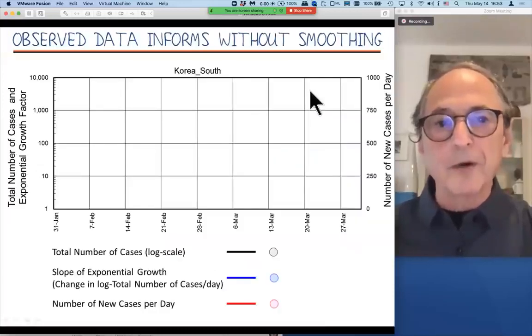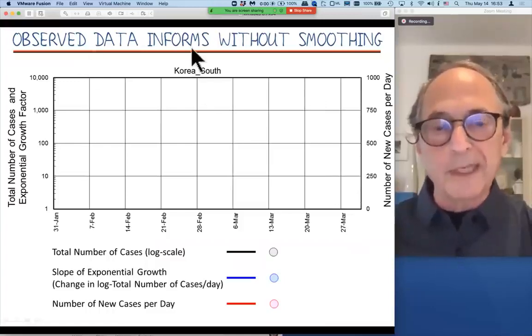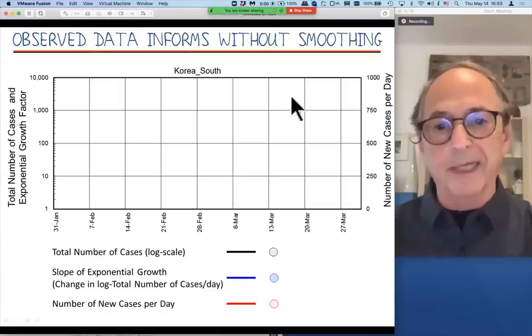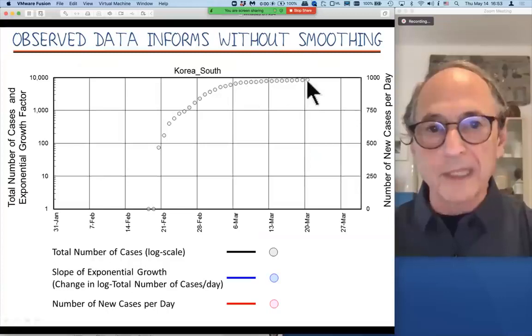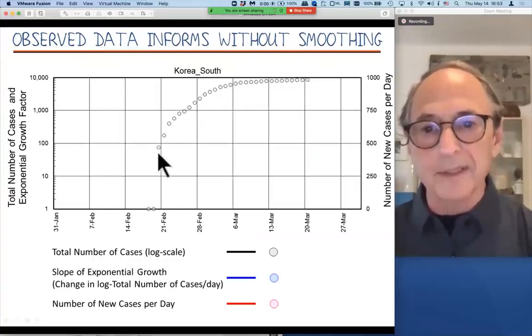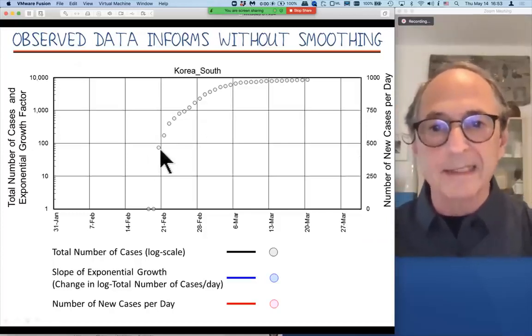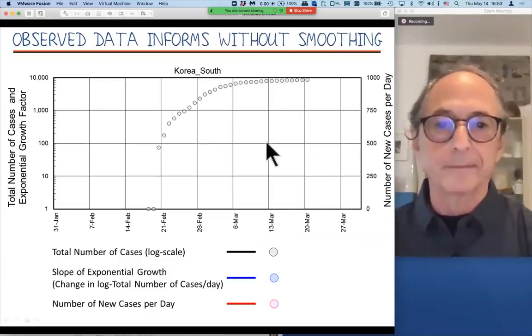Oops, sorry, I just showed the fit, but it's not important. Now we're coming to South Korea, looking at the data, no smoothing, the raw data coming out of the Johns Hopkins database. We're first going to look at just the number of new cases. It goes like this, you can see it's curving. It started out quite high because in South Korea, no one recorded anything until there were about 60 cases. Again, this often happens. Now, what does the slope of this function look like?